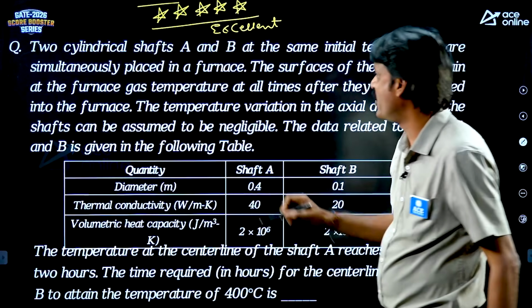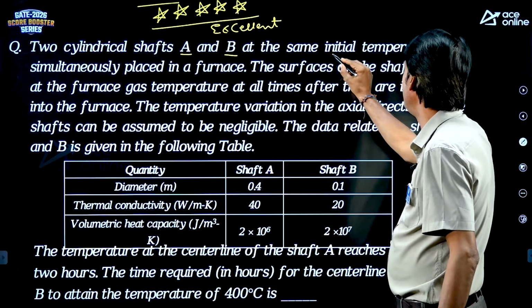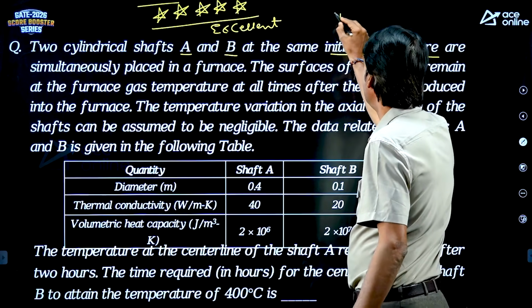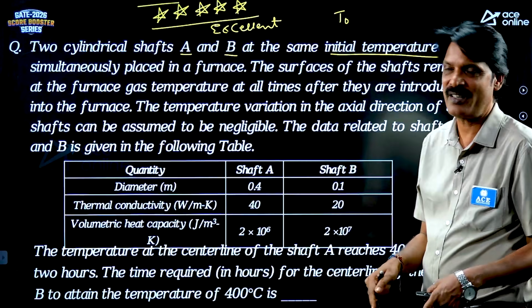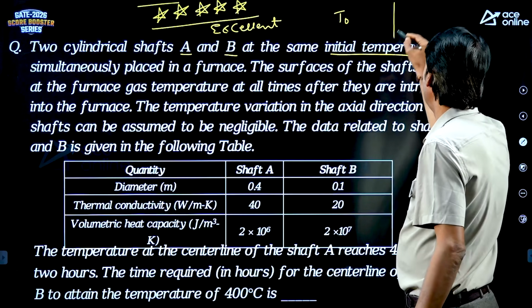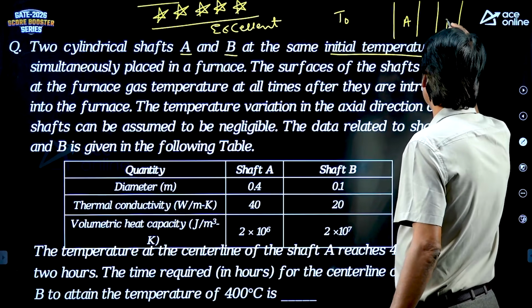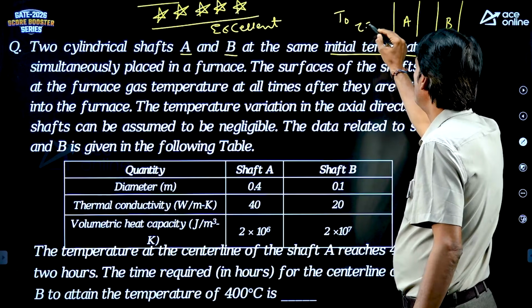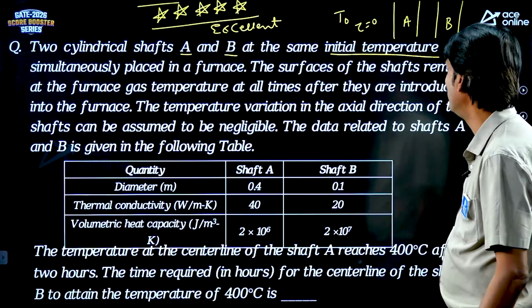Two cylindrical shafts A and B at same initial temperature, T naught is same for both, are simultaneously placed in a furnace. So, if you are taking two furnaces, this is furnace A and this is furnace B, at time tau equal to 0, simultaneous means at same time they are placed.